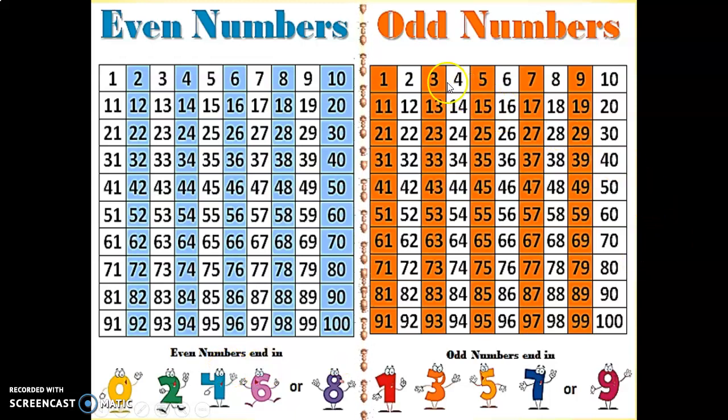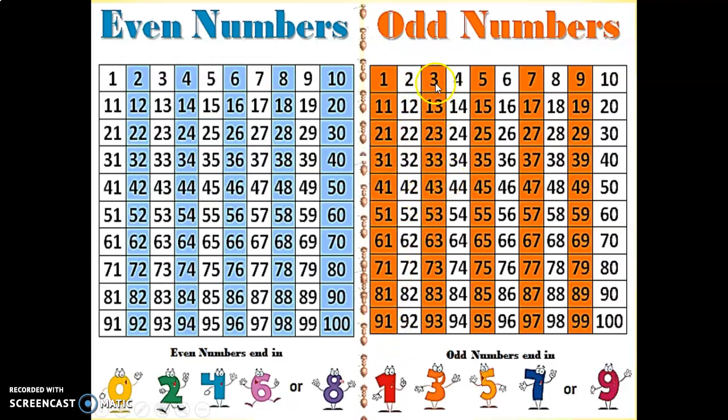Now for the next example, we have odd numbers. Odd numbers always end in 1, 3, 5, 7, or 9. So from the number chart, you will see the first column, its color is orange. These numbers all end with number 1.